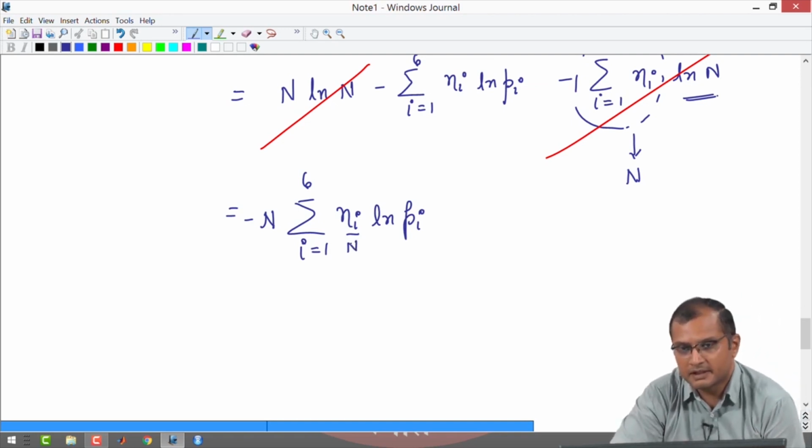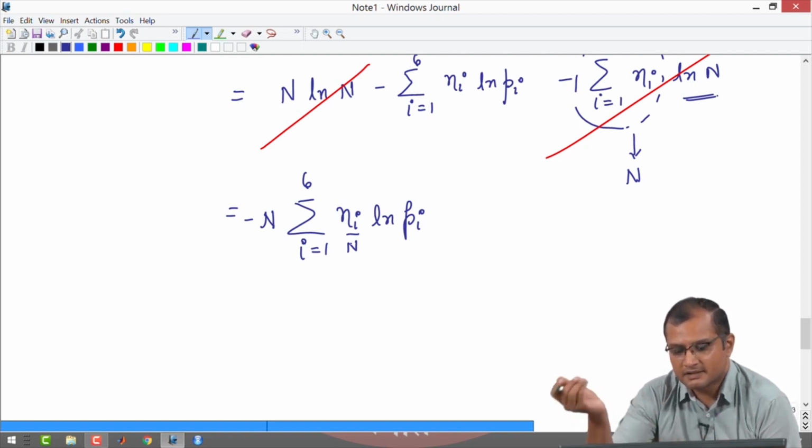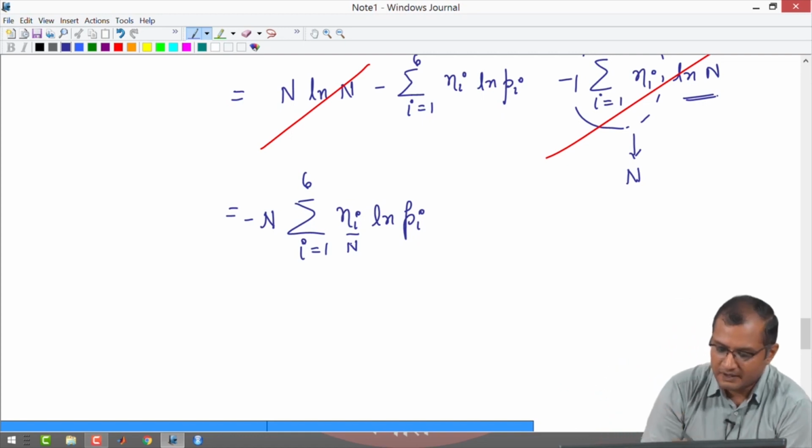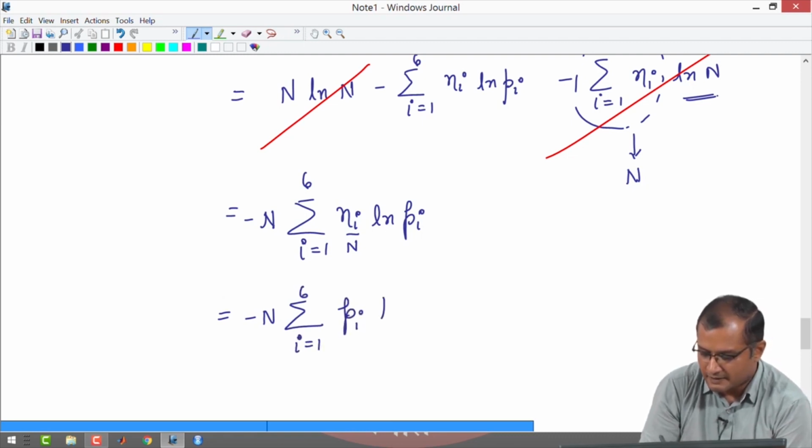The entire thing is nothing but a sum of 6 terms, so I divide each term by n. So, this is nothing but minus n summation i going from 1 to 6 pi ln pi.